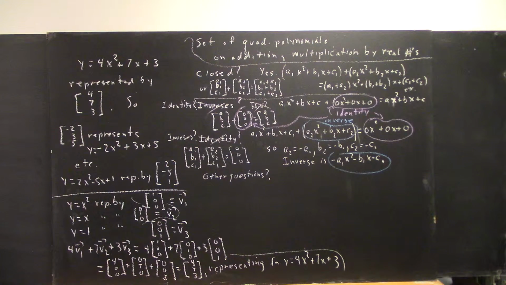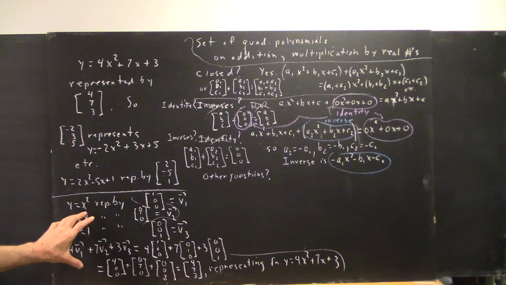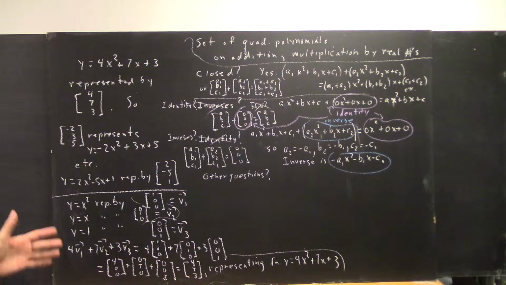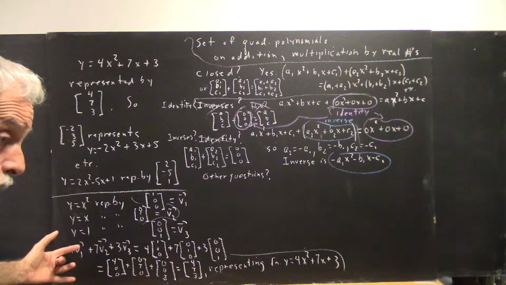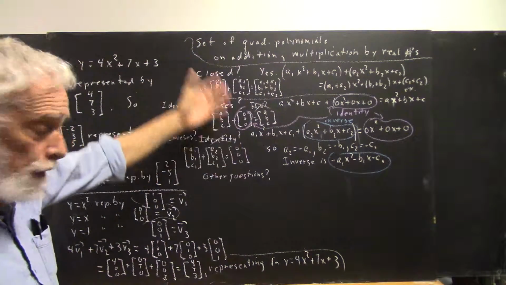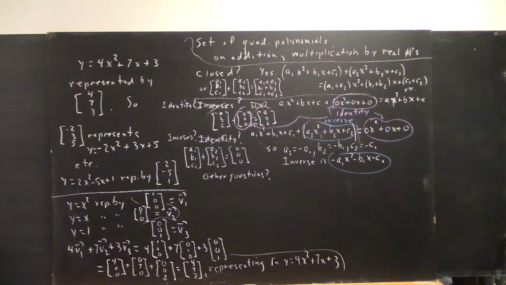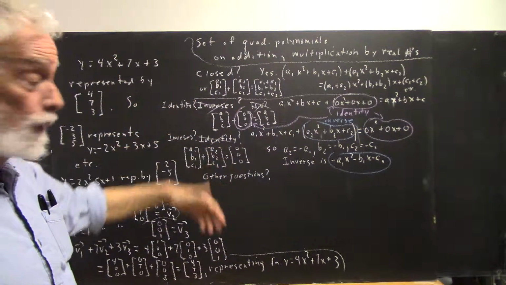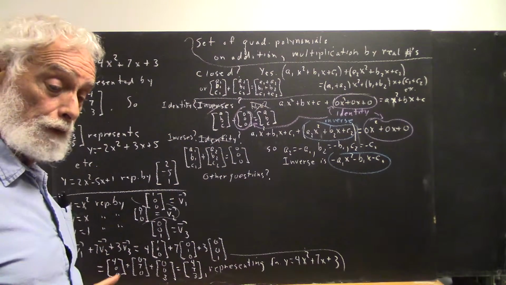The question being, can I combine three vectors to get some other given vector? And we'll deal with that in the next video. But we're going to treat this now as a vector space, and then we're going to come back and look at some of the properties of vector spaces to verify that they actually hold for this set of polynomials.